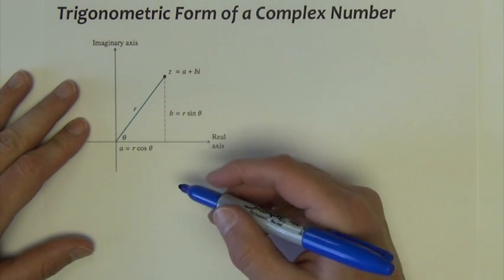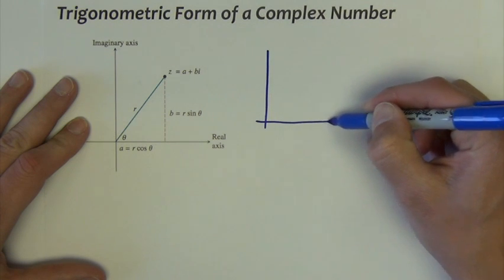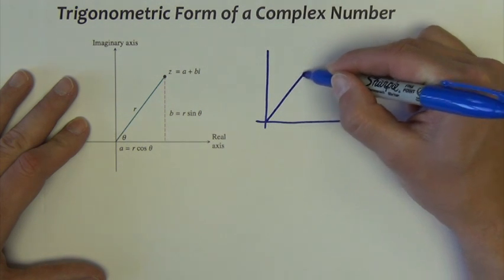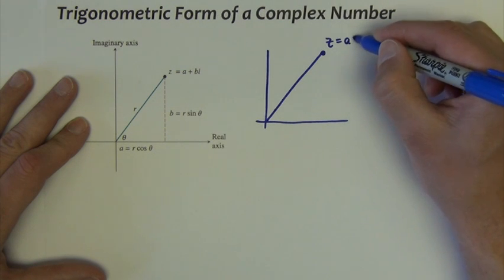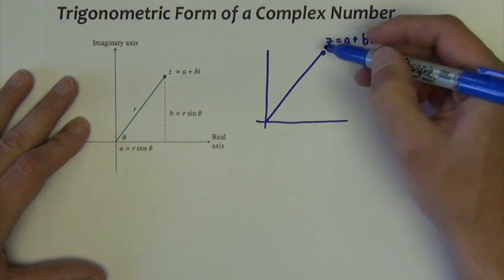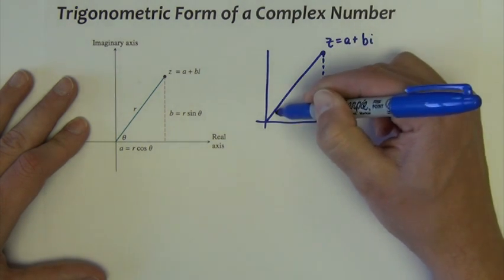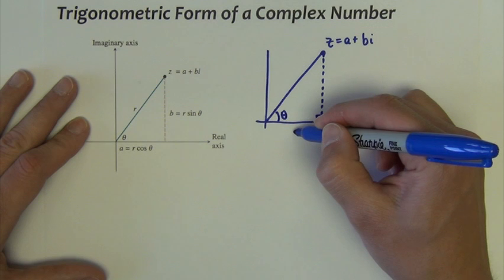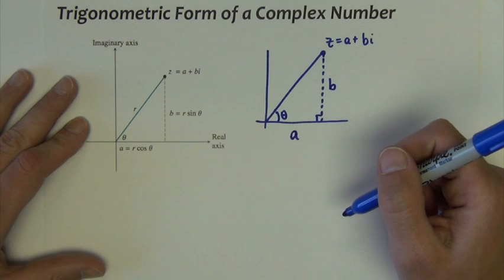It works like this. I'll maybe redraw it here so the drawing on the left doesn't get too confusing. So if we plot this complex number a plus bi, and we build a triangle out of this, the lengths of the legs, of course, are a to the right and b going up.